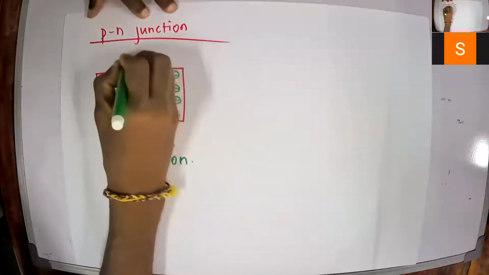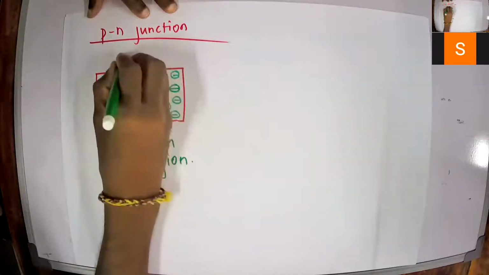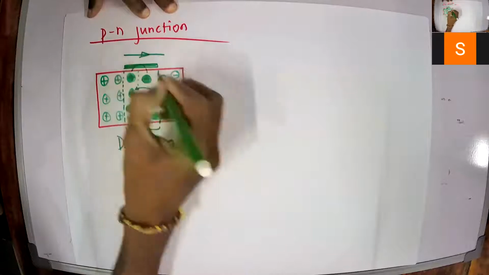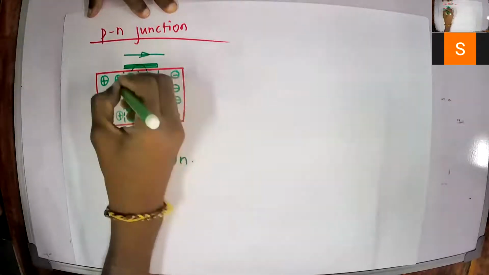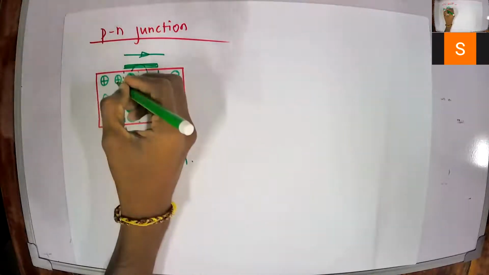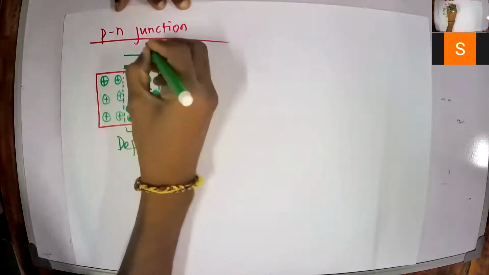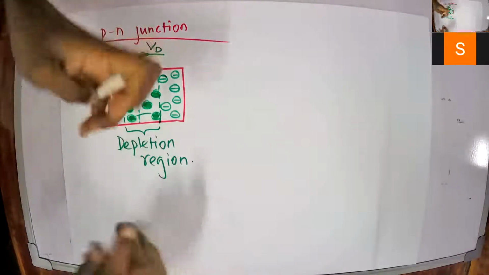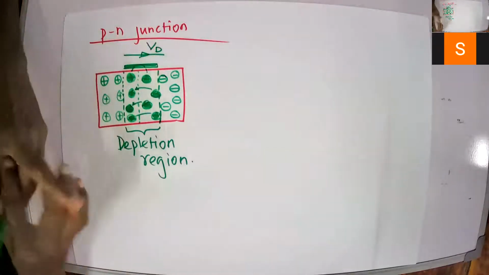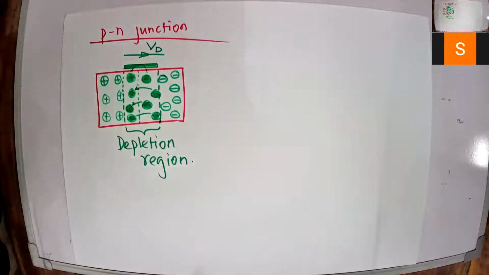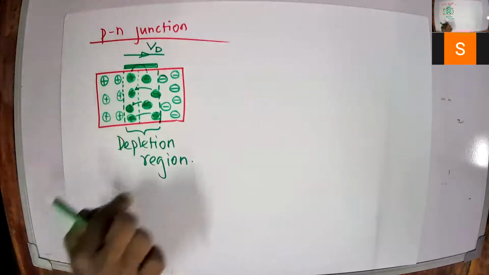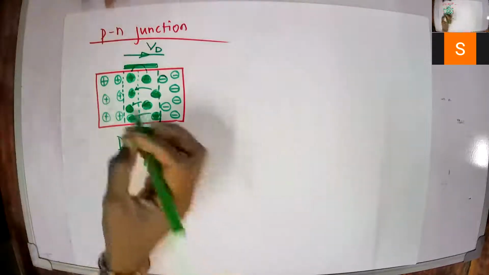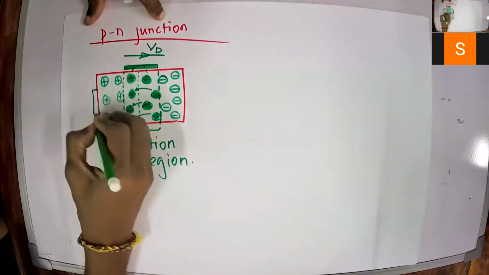At equilibrium, the voltage it requires to reach the other side of the depletion region is called the barrier potential, or we can denote that by VD. So that is the depletion region.